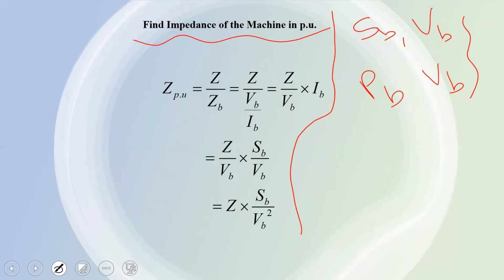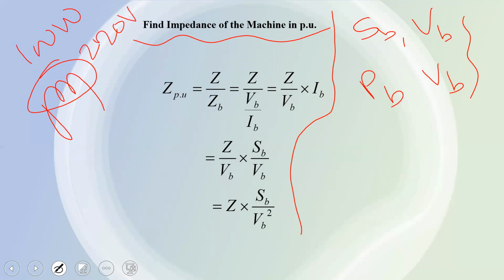Suppose you check the nameplate of a bulb used in a house, on the bulb it is written 100 watt 220 volt. When you see a transformer, on the transformer it is written 1 kVA 11 by 22 volt.